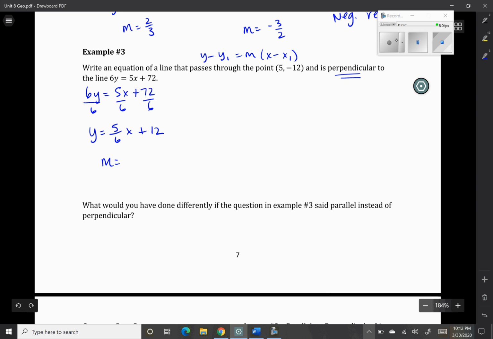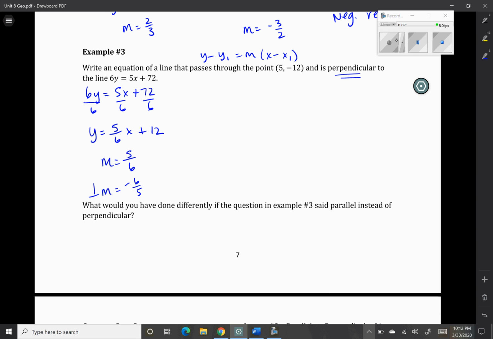All I care about is the slope. Now that's the slope of the line, but I want to create an equation of a line that's perpendicular to this line. So I need to figure out, what's the perpendicular slope? If the slope of the line is 5/6, the perpendicular slope would be -6/5.